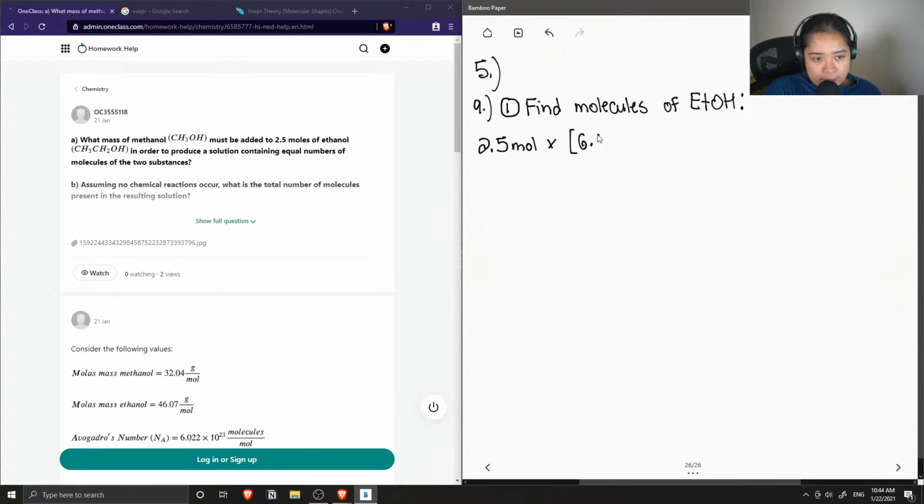Avogadro's number is 6.022 times 10 to the 23 molecules per mole. So this is how you find the number of molecules when you're just given moles, and you end up with 1.51 times 10 to the 24 molecules of ethanol.